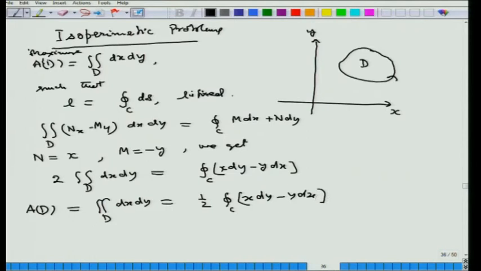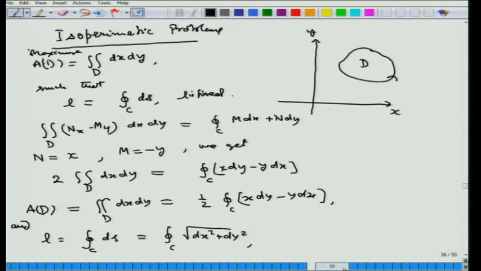And this arc length L is the integral over C of ds, which is the square root of dx square plus dy square.